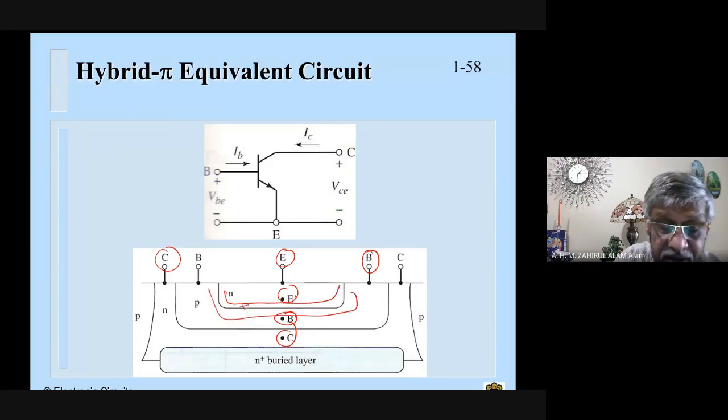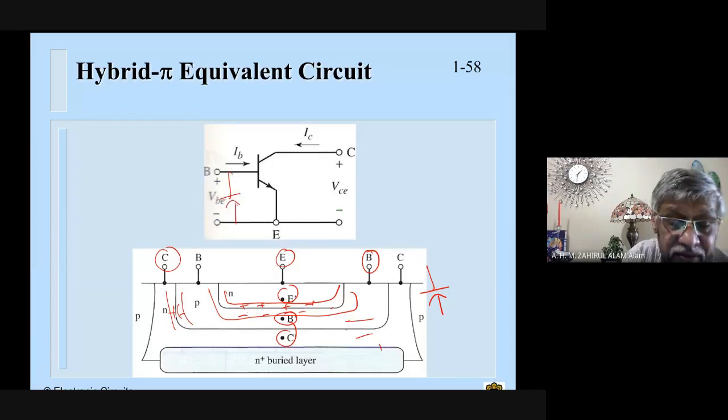Due to the formation of the depletion layer, there is formation of capacitance. So there is capacitance at each PN junction. If we combine, we can add this capacitance to ground, because this buried layer is also ground. So we have three additional capacitances.